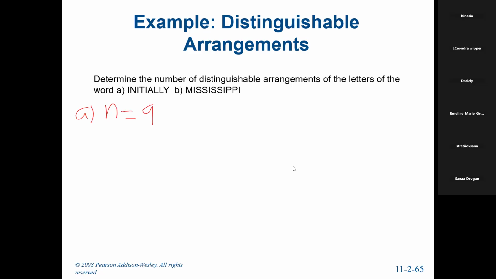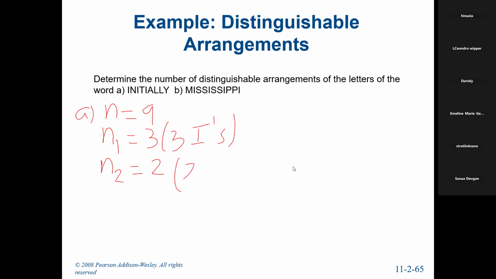Now look at the word. You can observe the letter I. How many I's do you see there? 3. So N1 is 3. How about L? 2. N1 is 3 because we got 3 I's.